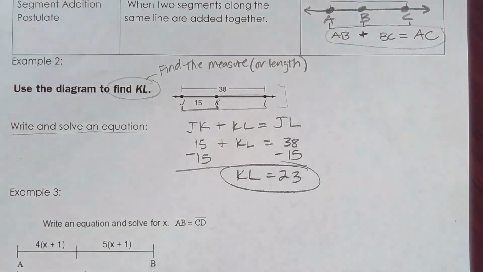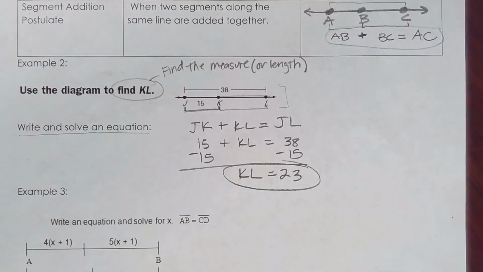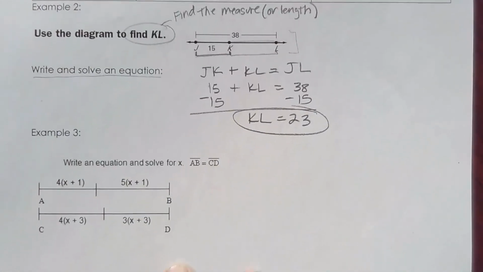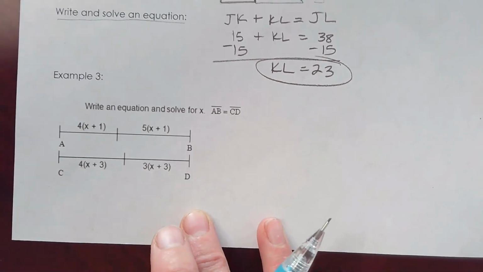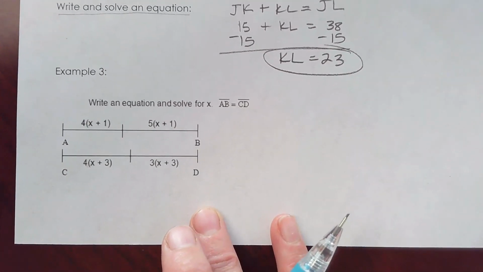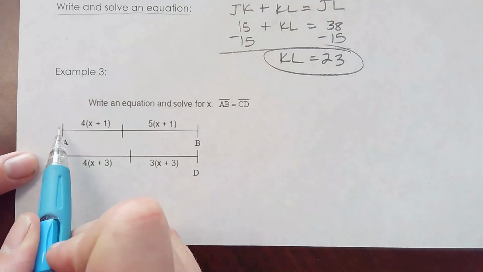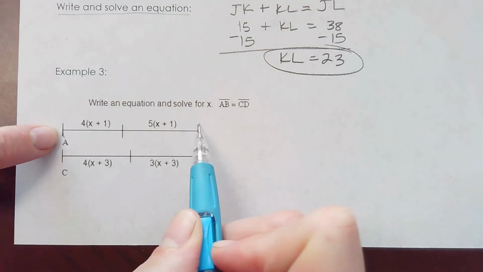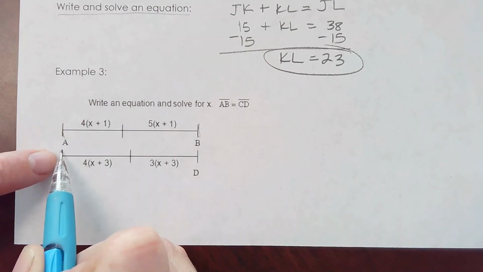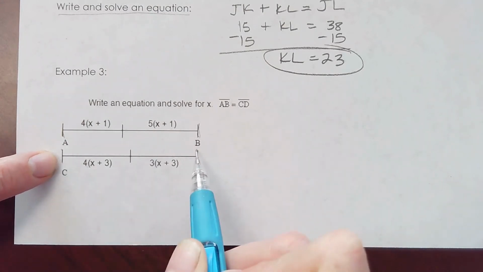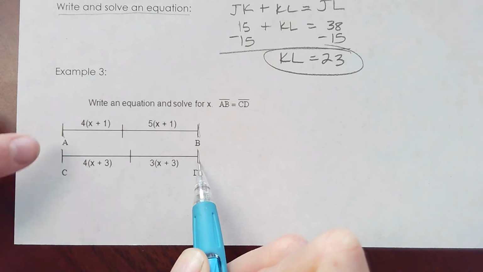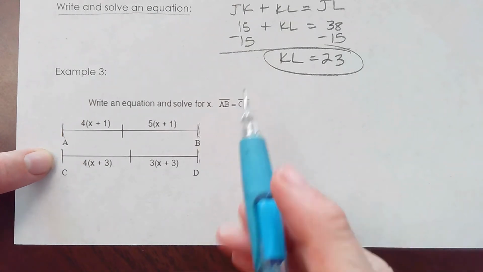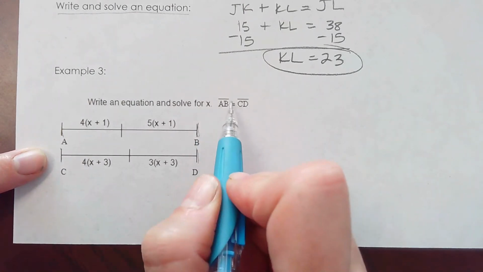All right, and last example, we're going to write and solve an equation for this diagram. All right, so this segment from A to B is equal in length to this segment from C to D. And again, I feel like this isn't quite right.